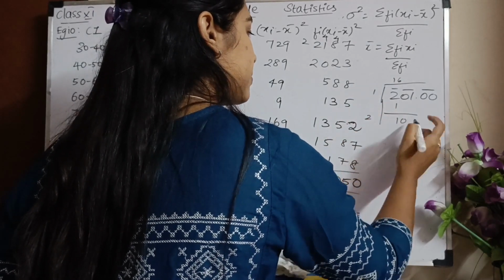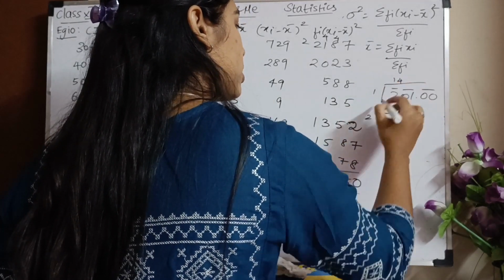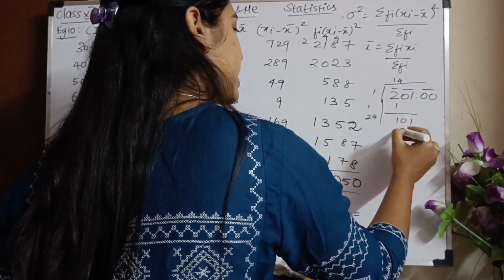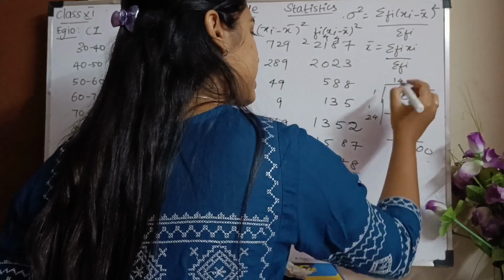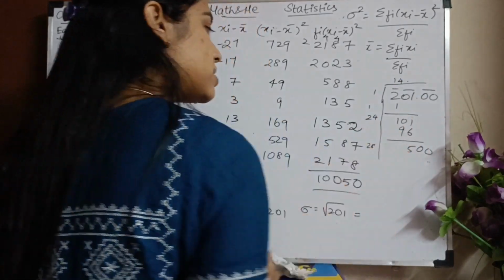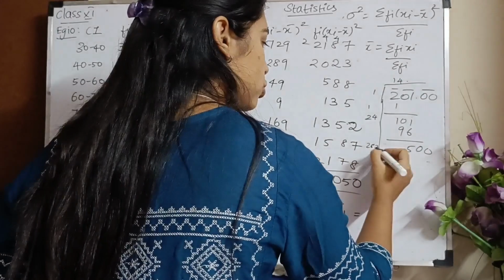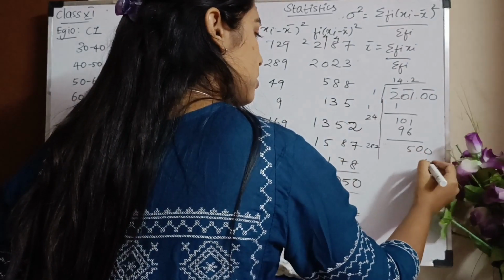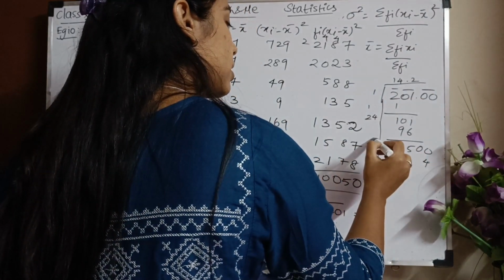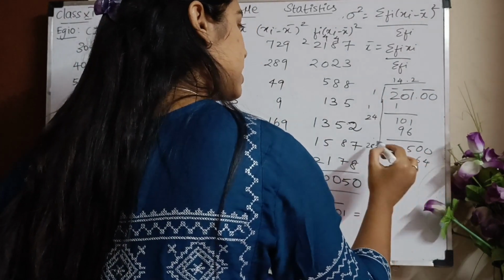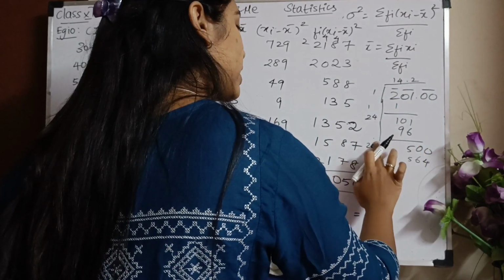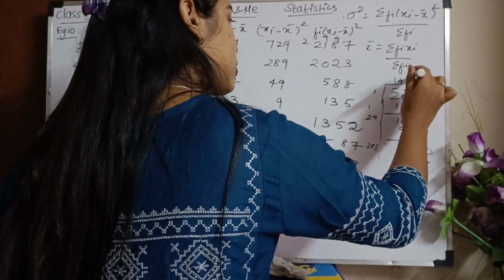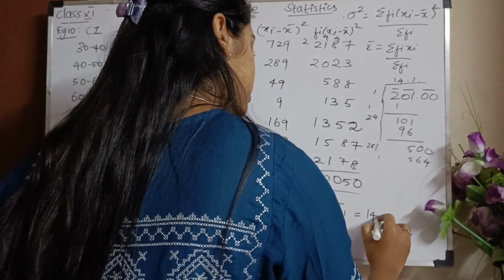Let me try 4. 4 4s are 16, 1 4 2s are 8, 9. So this will be 500. At that point, 28 will come. So I'll try 2. 2 2s are 4, 8 2s are 16, 1 2 2s are 4, 5. Then 281 will come. So 14.1. Okay.